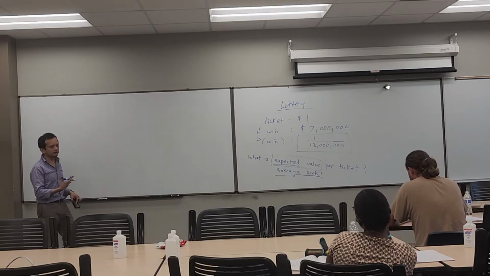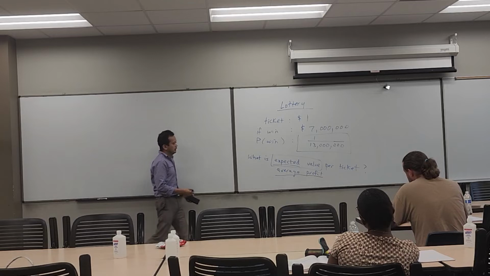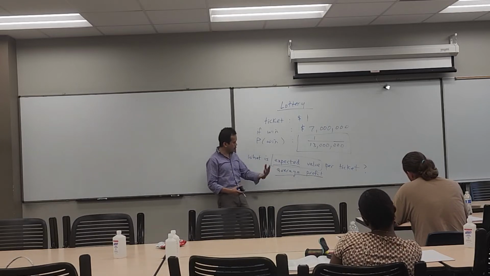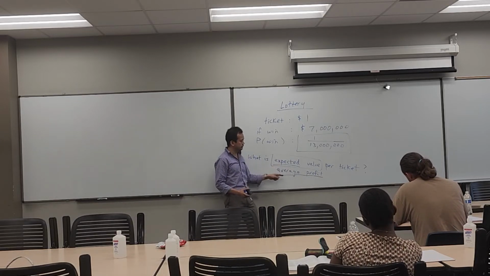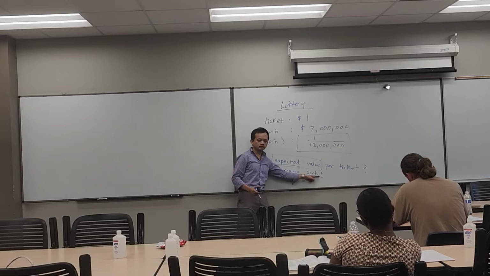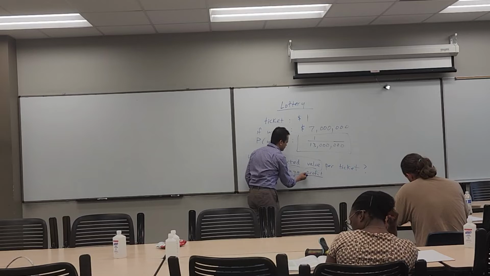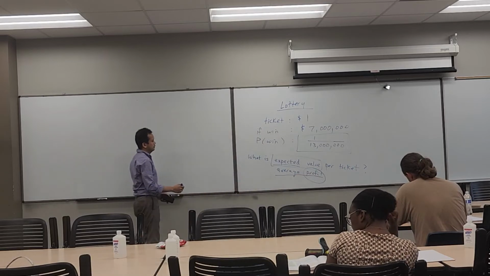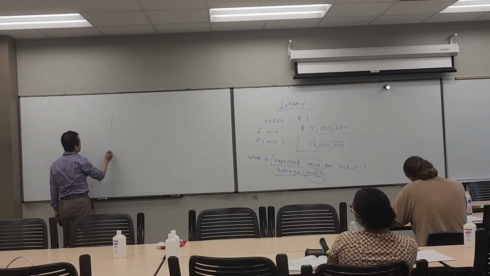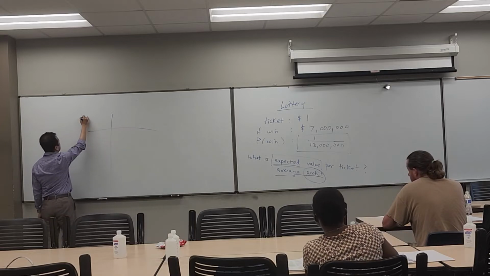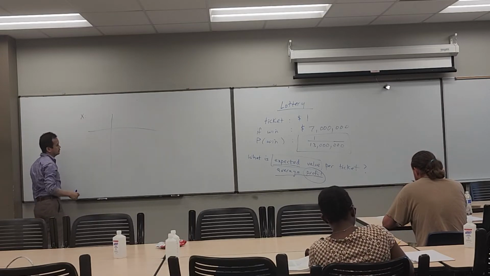So we're going to set this up the same way. The quantity we're trying to find the average of will be the variable of our probability distribution. We're trying to find the average profit per ticket, so that quantity will be the variable in our probability distribution.